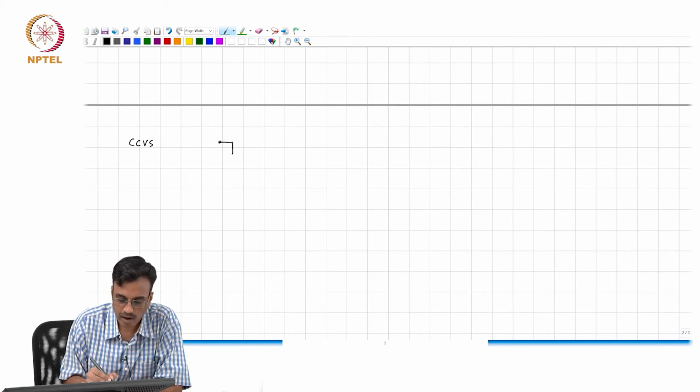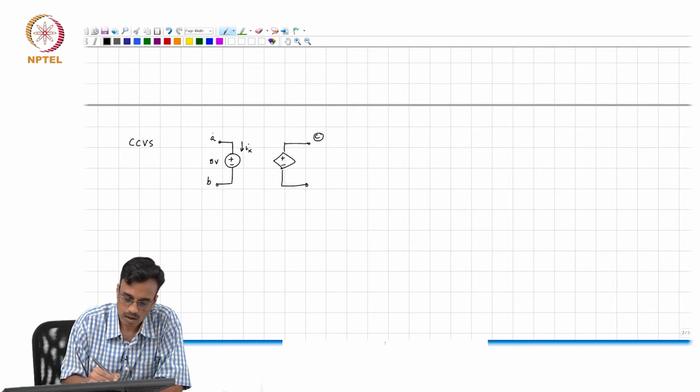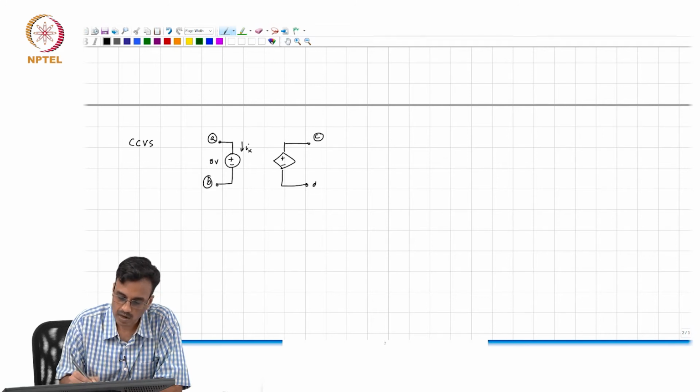You have A and B, again we have a 0 voltage source, this is 0 volts, this is Ix, and this is node C and node D, and this is some impedance Z times Ix.